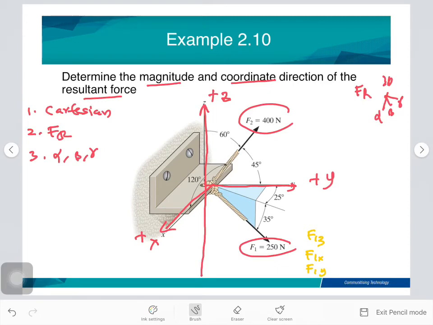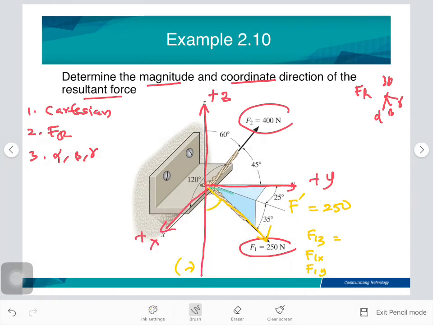Okay, so here you can see our F1. Straightaway, using this 35-degree angle, you can resolve into F1z. This is negative. But for F1x and F1y, you need to resolve F1 into this plane, so you have F prime.